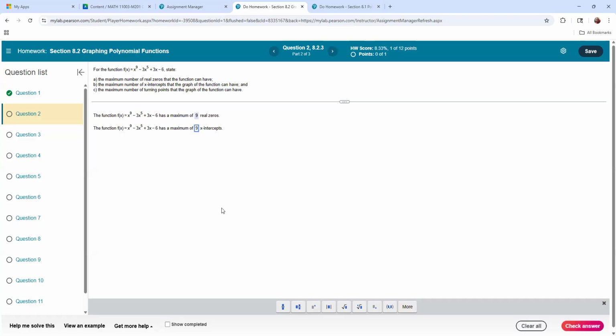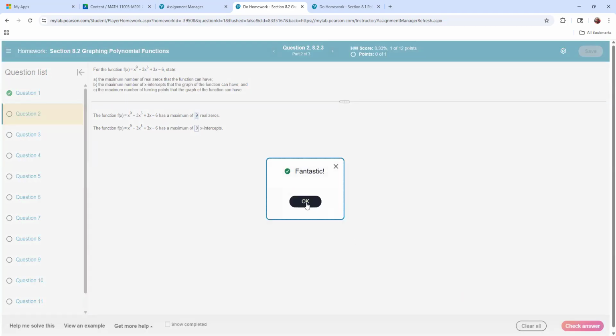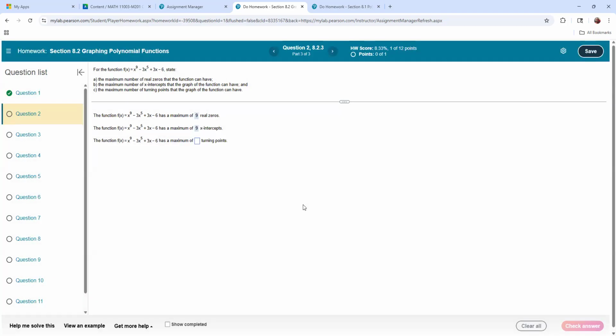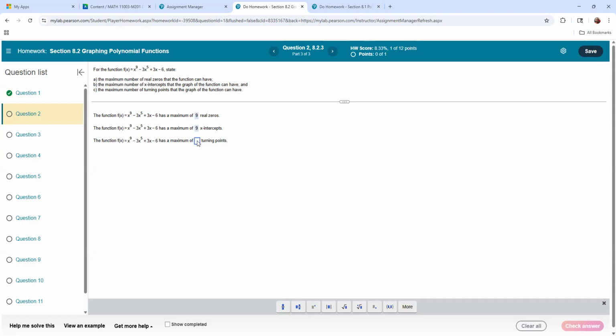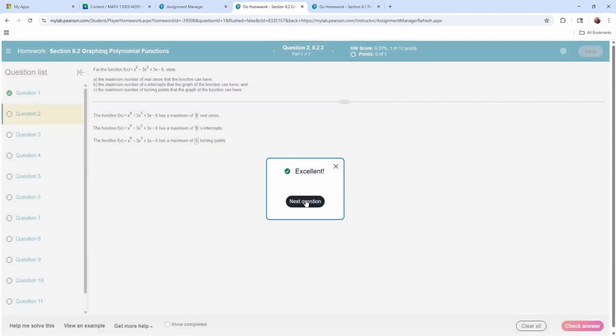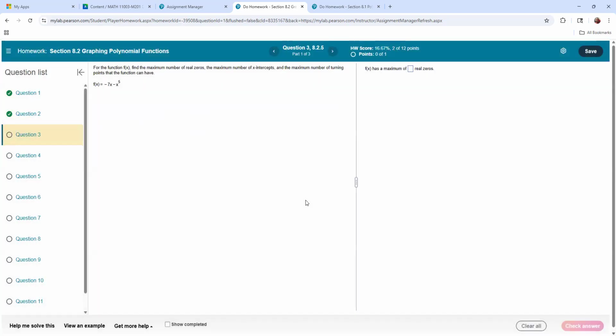So good job. Those two we said were the same, 9 and 9. And then the last one, maximum number of turning points. All right, y'all, good job. That one would be 8. So check answer.